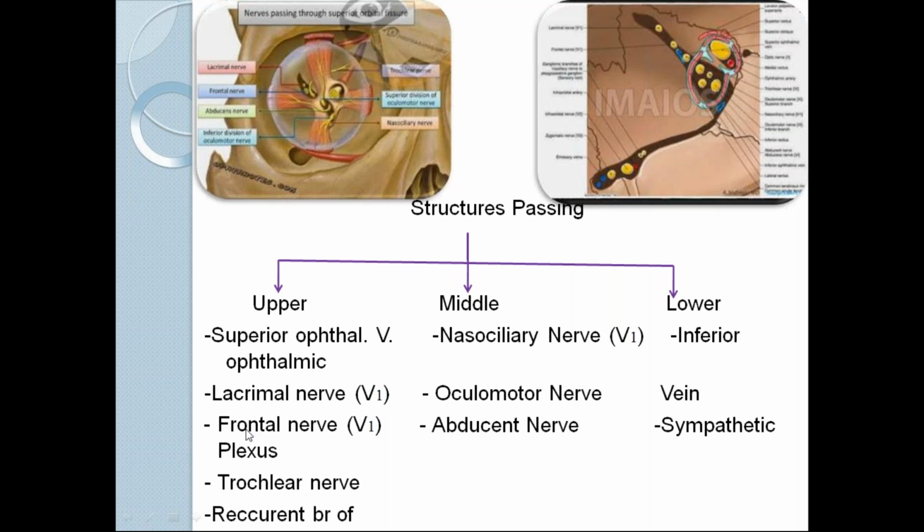You can remember as LFT, a mnemonic for upper part. Middle part has nasociliary nerve, oculomotor nerve, and abducent nerve. The lower part transmits inferior ophthalmic vein and sympathetic plexus. So this is very important for you.